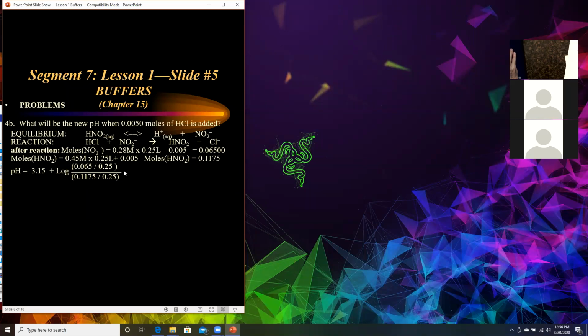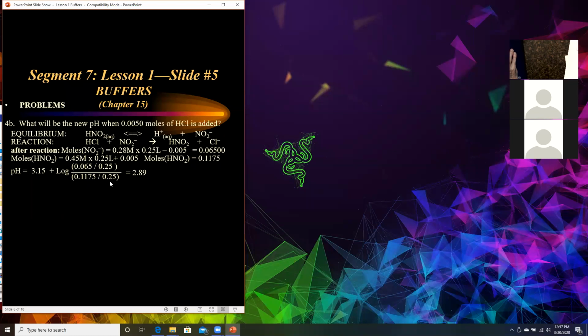In this case, you'll get the same answer because we're dividing the 0.065 by 0.25, and we're dividing the 0.1175 by 0.25. So if you divide those two out, this 0.25 and 0.25 cancels. And so in this particular case, you'd get the same result if you use moles or molarity.